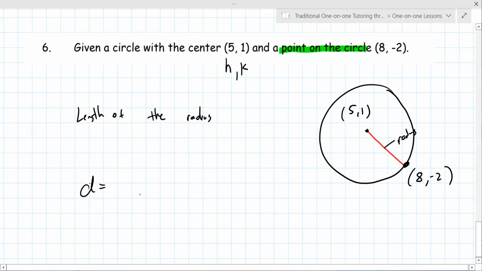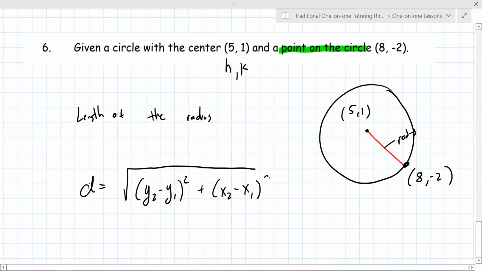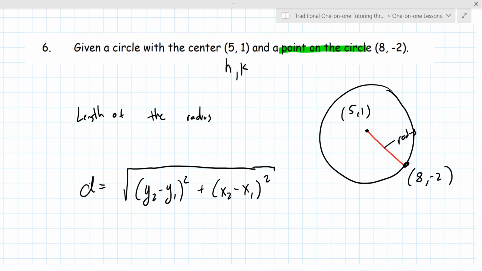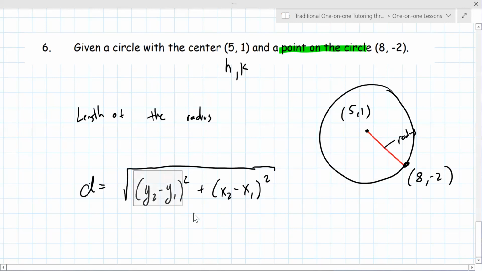It's the distance formula. Yeah, I have it in my notebook. It is y2 minus y1 squared plus x2 minus x1 squared, square rooted. It's d equals x2 minus x1 squared plus y2 minus y1 squared. Right. The order doesn't matter. You can switch these up. You can do x first and then y. It really doesn't matter.